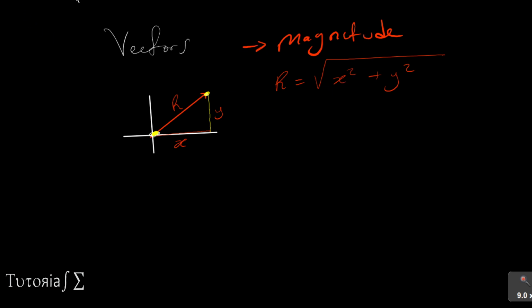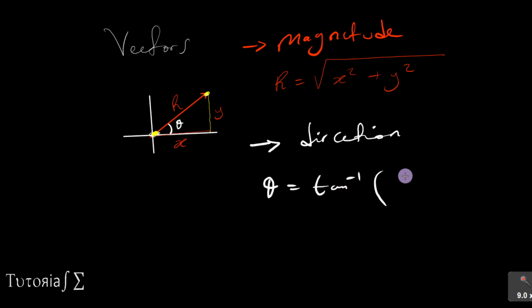Then there is finding the direction of the vector. The direction of the vector is simply the angle theta, which is this angle here. When you have your y and your x, theta is the tan inverse of the y part over the x part.